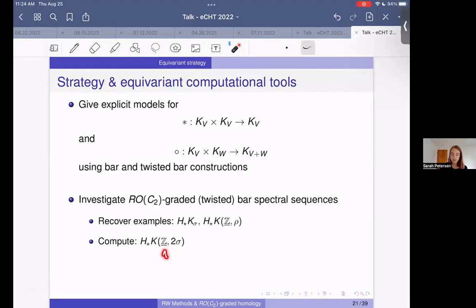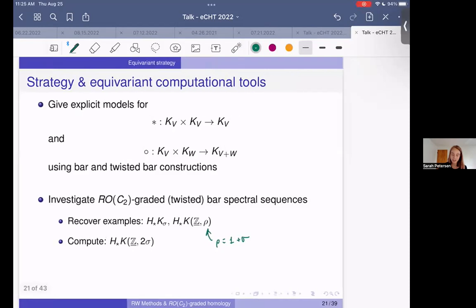So here Z is the constant Mackey functor, and rho is the C2 regular representation, which means that rho equals 1 plus sigma. But in computing these twisted bar spectral sequences, one runs into a great number of differentials, and so it becomes a difficult computation.